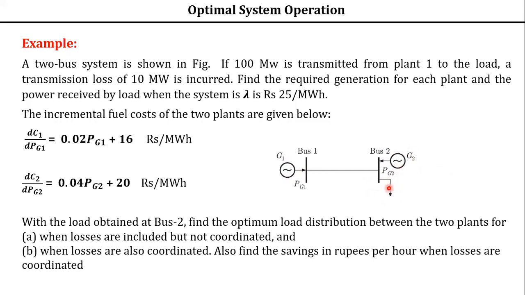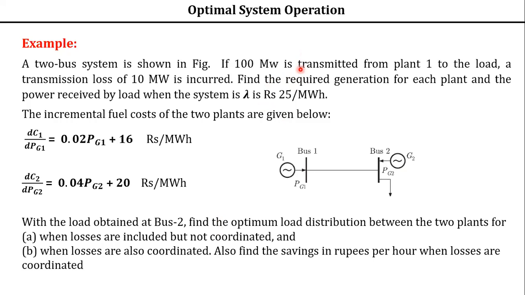Suppose this load is receiving 150 megawatt, then what power is it receiving from G1, and what from G2? This is the first question. Then it says when losses are coordinated and not coordinated, what is the savings? So these are the two major questions. In the second question, again we have two parts.